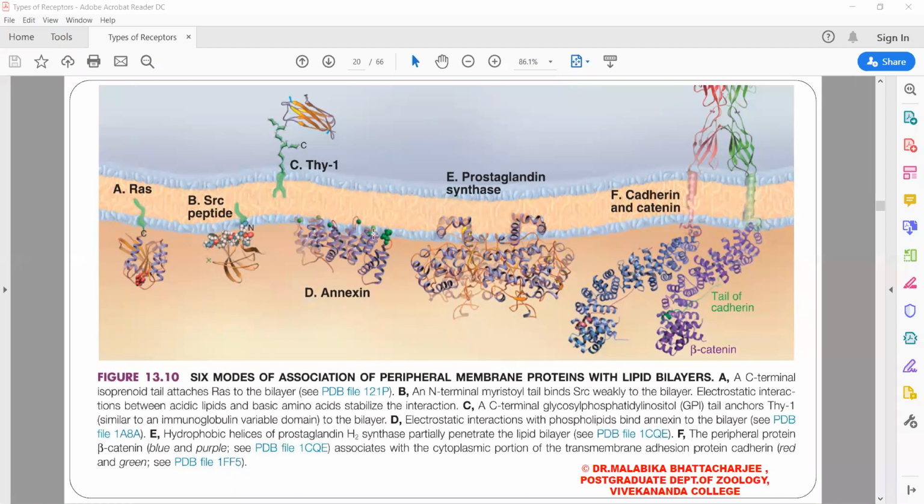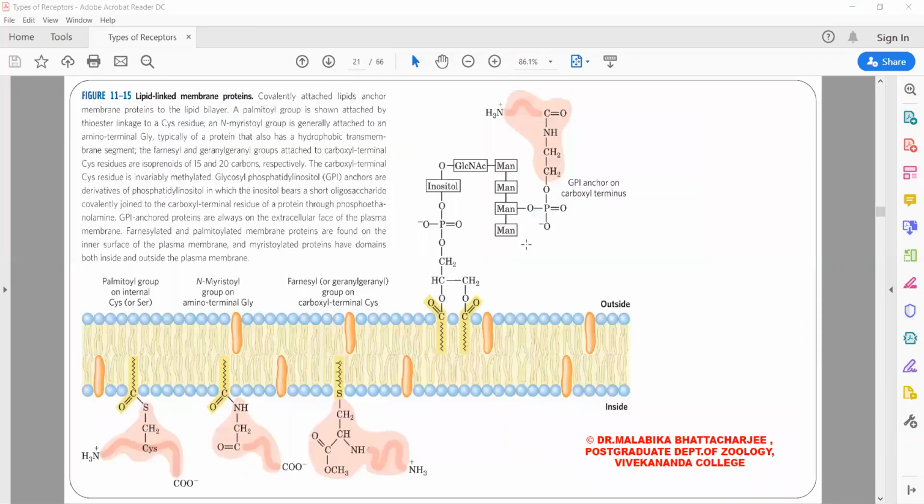Annexin V is associated with the membrane. And these are typically cadherins. These are typically cytoskeletal proteins. So as you can see, they are passing through the membrane. This is a picture just to show you how the different proteins are dispersed within the membrane.